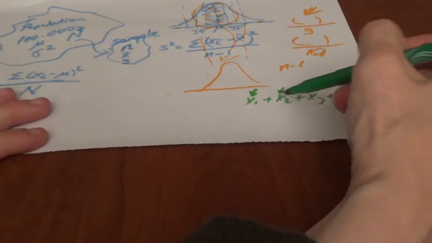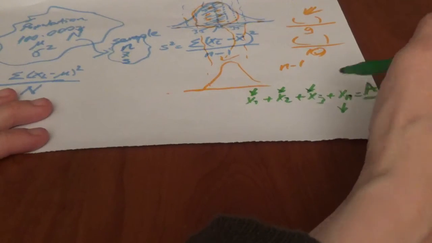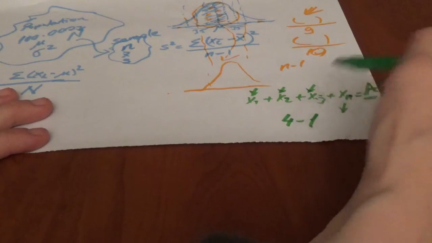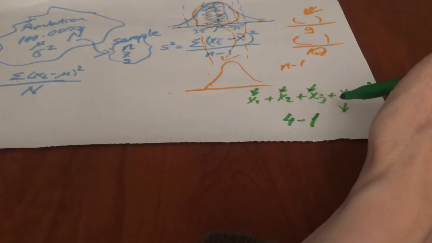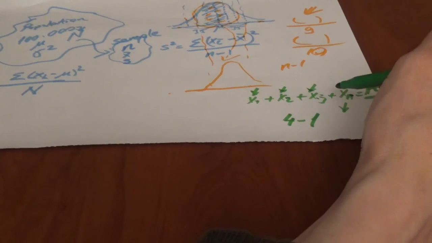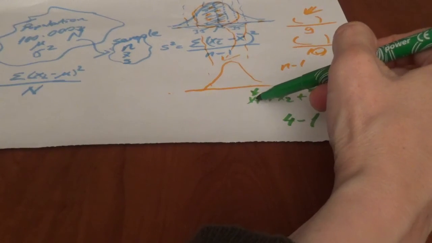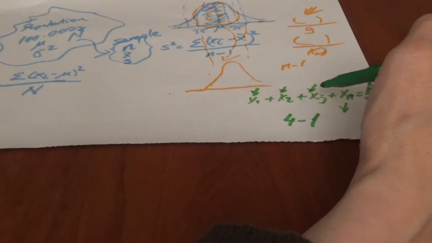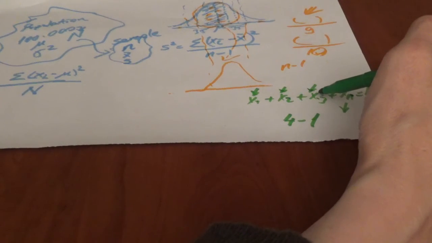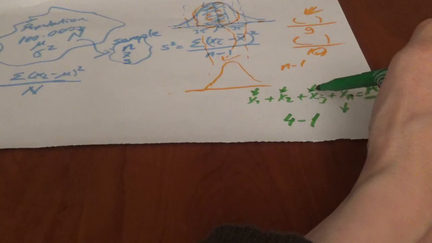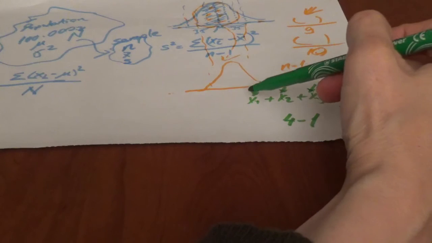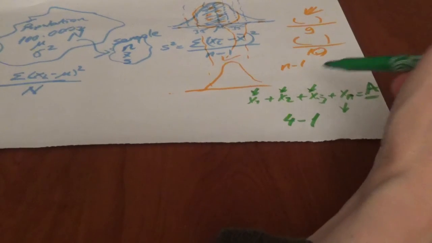What does that mean? We have n values, but n minus 1 values we can freely set. We are free to say to x1 anything we want, to x2 anything we want, to x3 anything we want, but after we've said something, we are not free to say anything for xn other than the total minus x1, x2, x3 and so on.